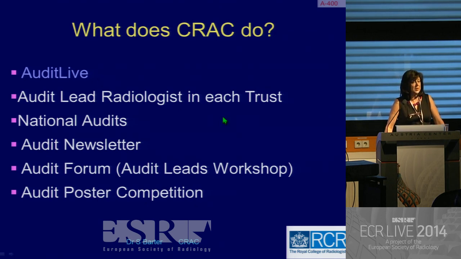We have an audit lead radiologist in each trust, so there is a network of audit across the UK which feeds back to the college, and we feed out to those audit leads. We conduct national audits. We circulate an audit newsletter. We have an audit forum once a year, which is like a workshop for the audit leads. And we also run a poster competition. And I'm going to tell you a little bit about all of these things in this presentation.